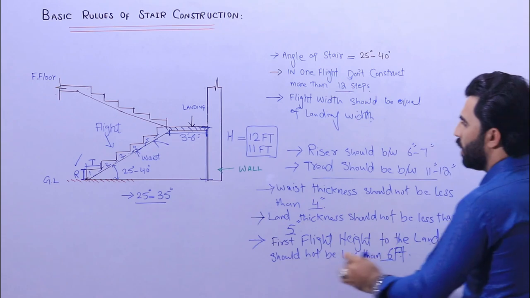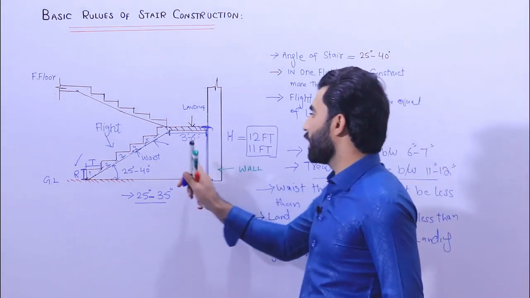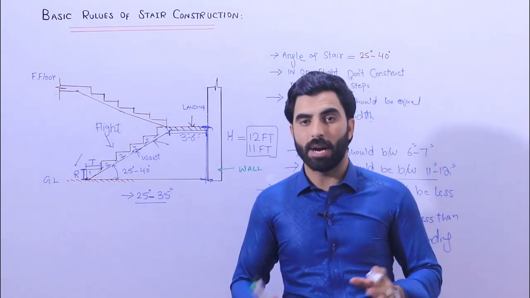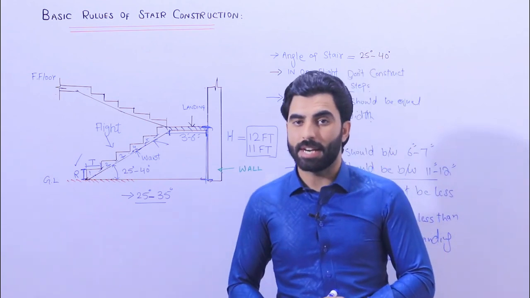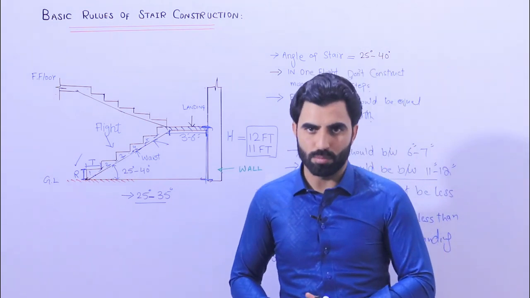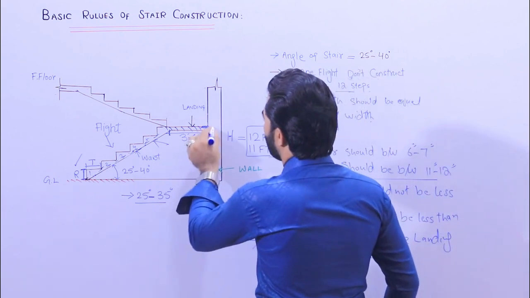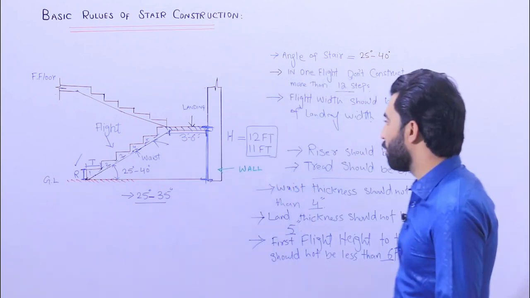So this is the minimum. Otherwise, if we are providing a bath or washroom here, in that case we are not able to stand inside the bath or washroom. So therefore it should not be less than 6 feet, but up to 6.5 feet you can keep. This is normal. So this is very important to know about this.